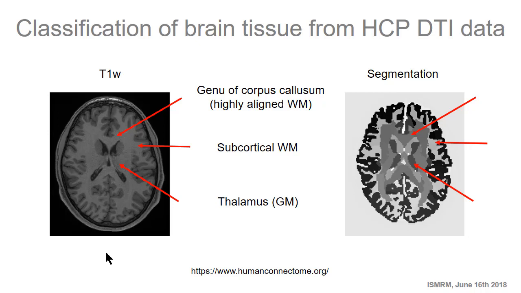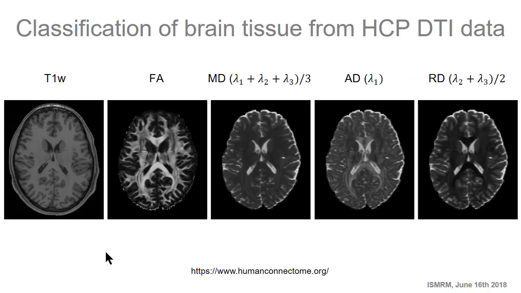We have a segmentation and T1 weighted and diffusion data of the brain. I have selected 3 anatomical structures: the corpus callosum, some subcortical white matter, and the thalamus. And we have the following data: T1 weighted, FA, mean diffusivity, axial diffusivity, and radial diffusivity.